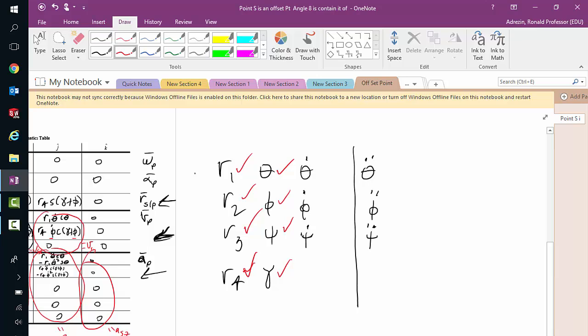So if I start with the first two equations for velocity, the vrx equals 0 and the vry equals 0, that's two equations, two unknowns. I only need to know one thing. Let's say I know the crank on the left, the theta dot. I can solve for these two.